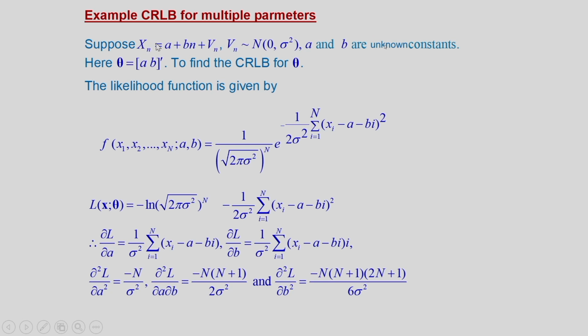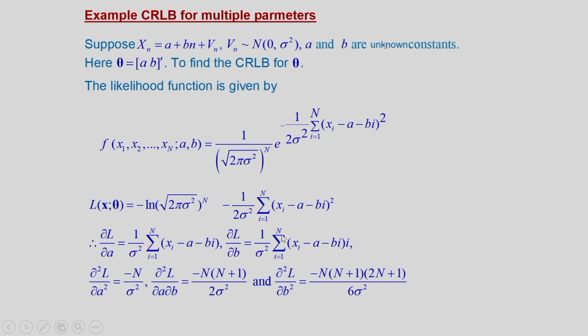Suppose xn equals a plus bn plus vn, where a is a constant and bn is a trend, and vn is Gaussian noise, and the noise samples are independent. a and b are the unknown parameters. Here the parameter vector is theta equal to a, b transpose. Now, we have to find the CRLB for theta.